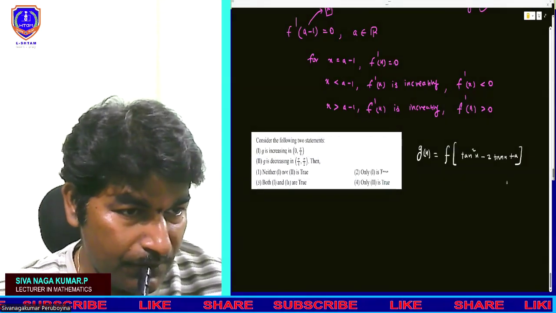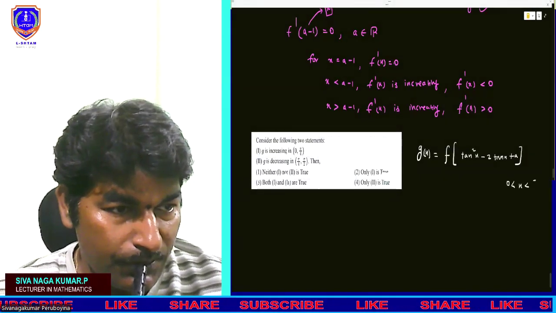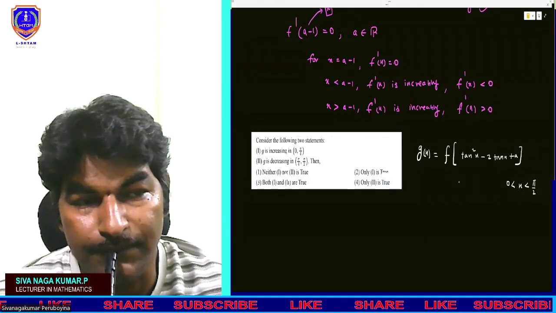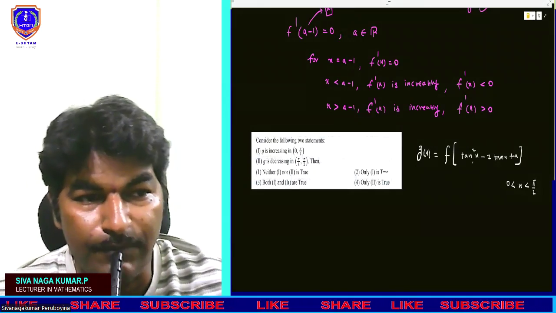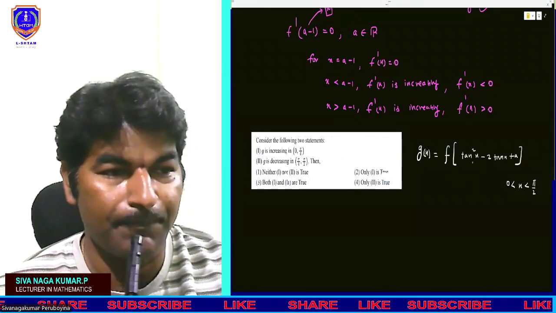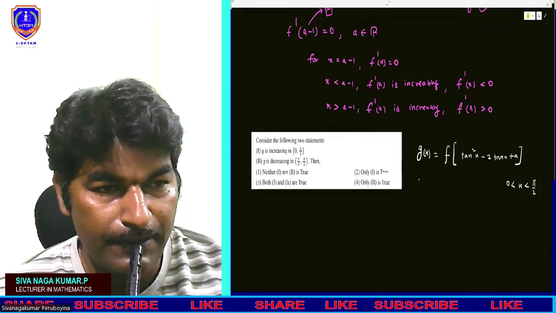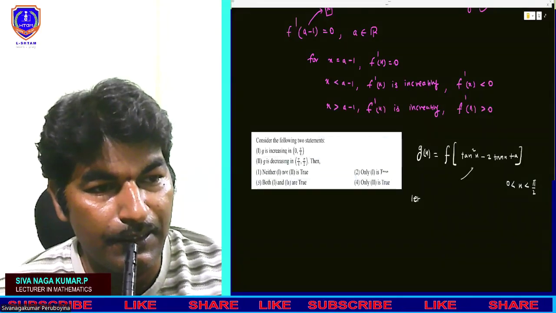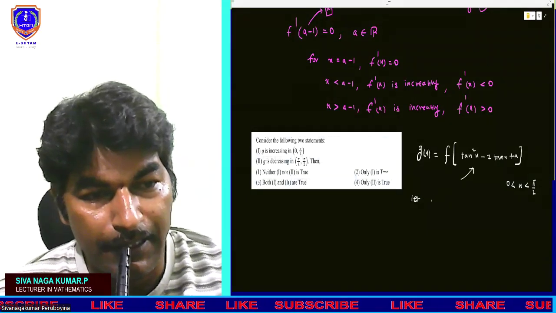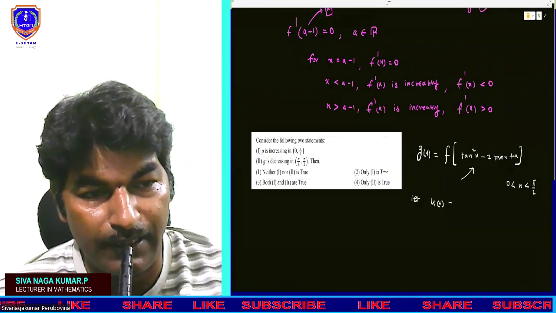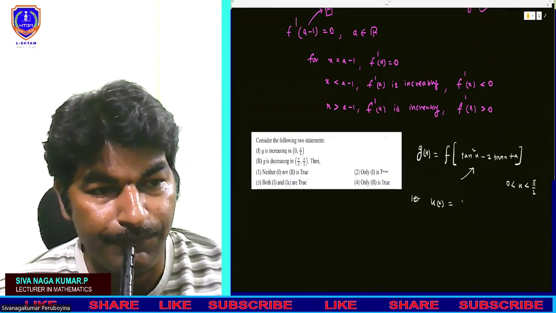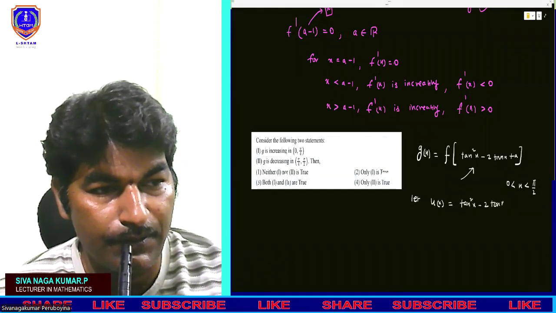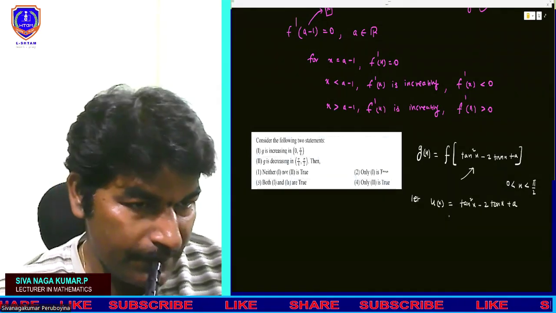Here x belongs to 0 to 90 for g(x). For f(x), x belongs to R, we can take anything. Let us consider the internal part. There is an internal function. Take that one as u(x). Some internal function, so that will be tan squared x minus 2 tan x plus a.